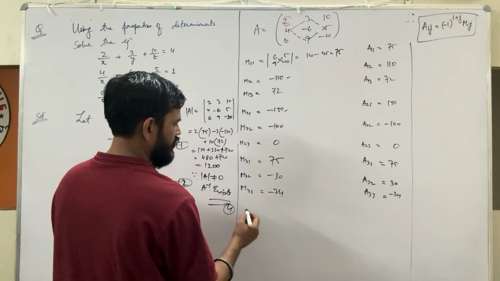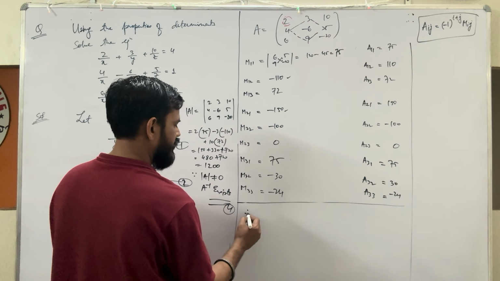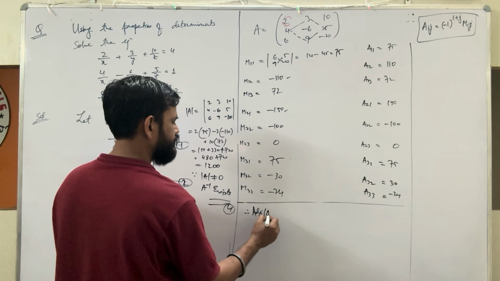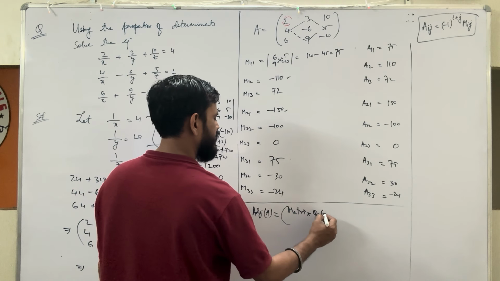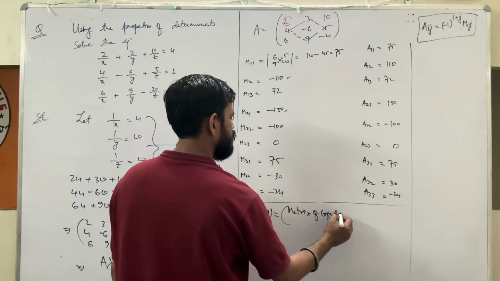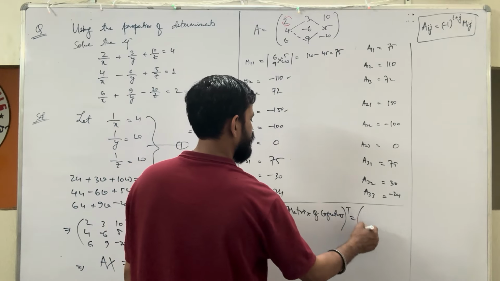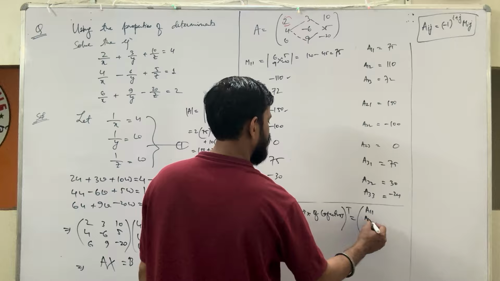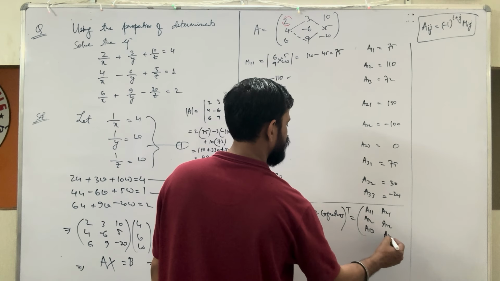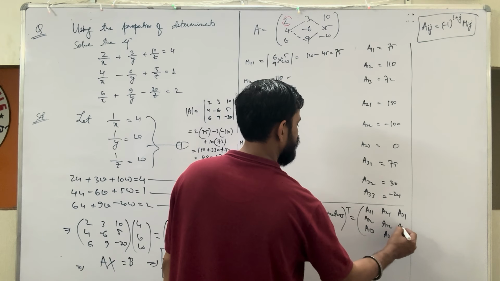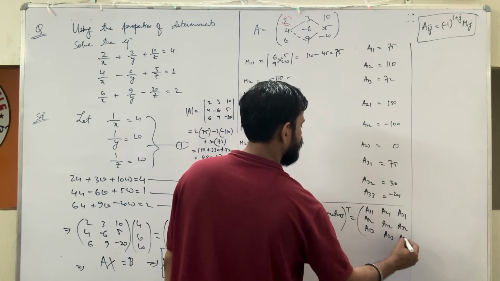All right. Therefore, our adjoint of A will be the matrix of cofactors and its transpose. So it will be A11, A12, A13, A21, A22, A23, A31, A32, A33.